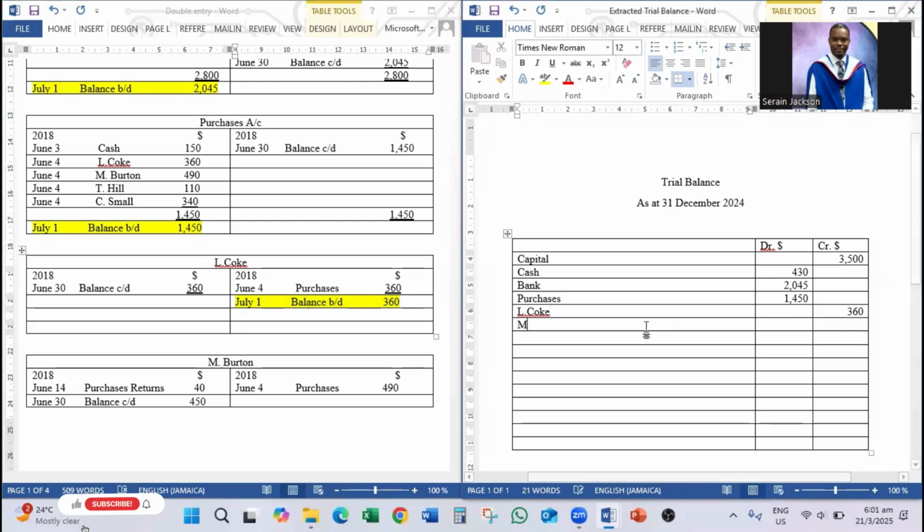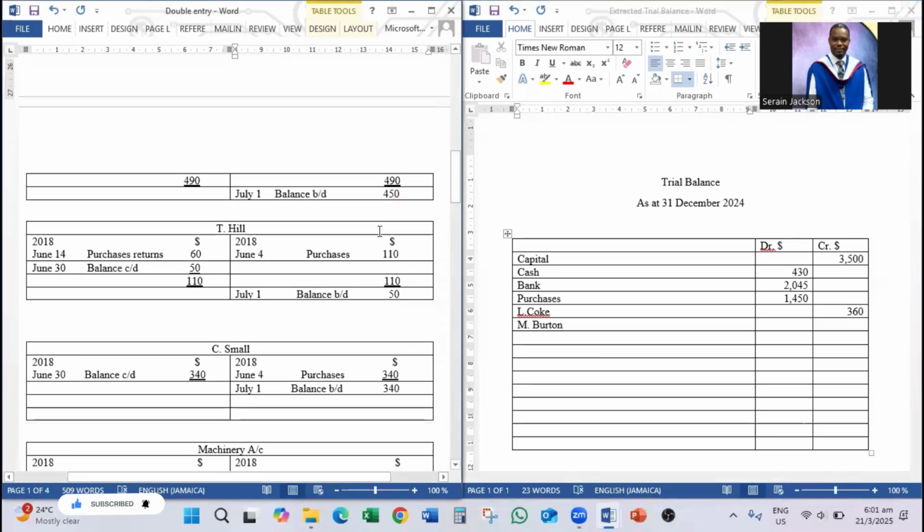Next person, M. Burton. Balance brought down is on the credit side. See the balance brought down here. So I want you to realize that we are just using the balance brought down. Whatever side the balance brought down is on, that is the side we put the information on in the trial balance.